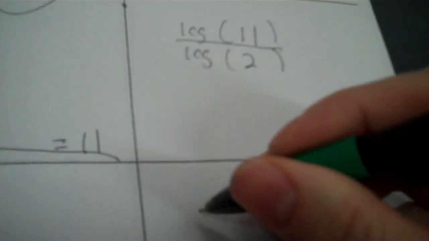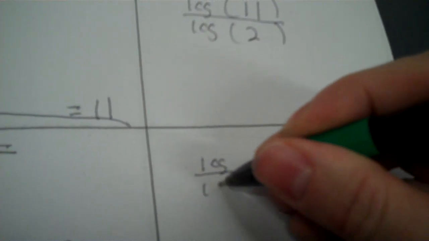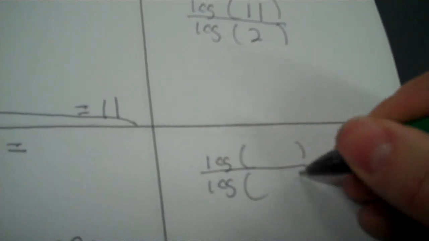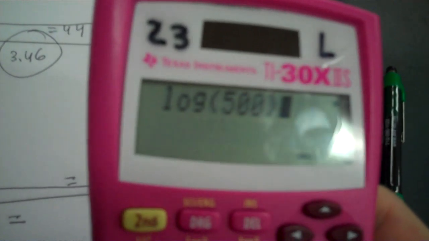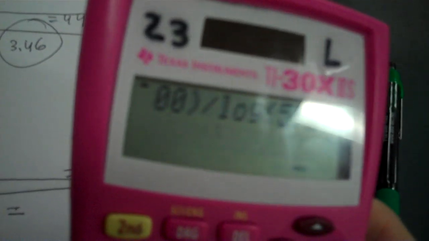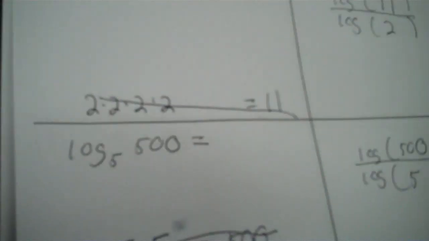It won't be a whole number. It's got to be a decimal. What's a decimal? Well, I have to use this and punch it in my calculator. So I put a 5 in the bottom and a 500 on top. So I take log 500 divided by log 5, so it's 3.86.